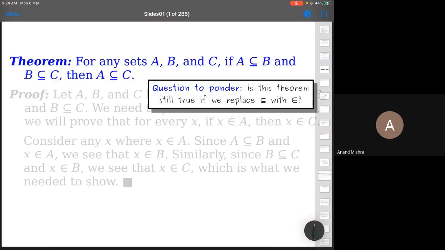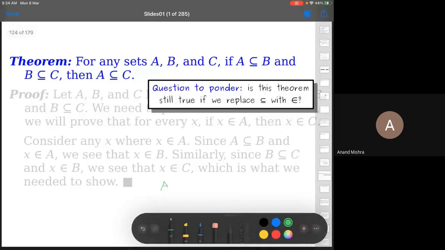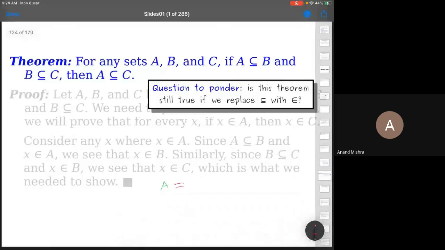Right, maybe we can write here. So what was our example? Our example was A was, let's use red color, A was {1}, right? So single element. B was {1, 2}, right? And then 3, and then 4, 5, and 2 more brackets, right?